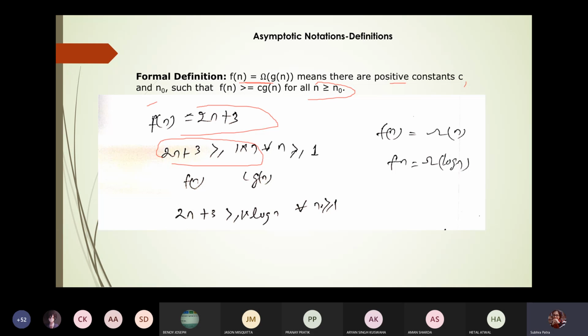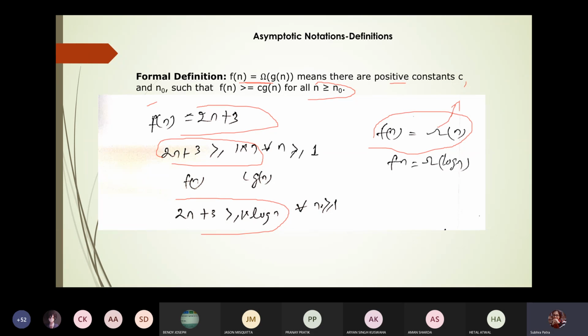Similarly, if you put the values for higher orders, it won't work, but for the lower orders, below n, it will be holding true. If you take log n, this condition will be holding true for all n greater than or equal to 1. So what has happened is, here we have found out f of n is equal to omega of n.